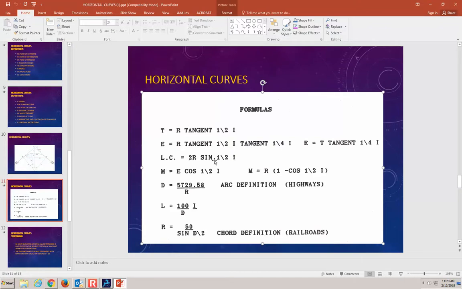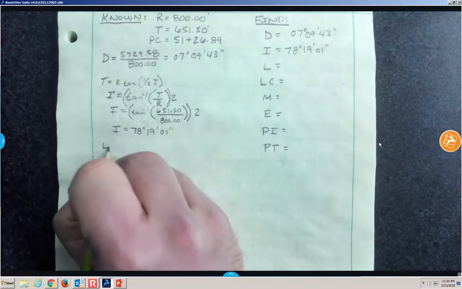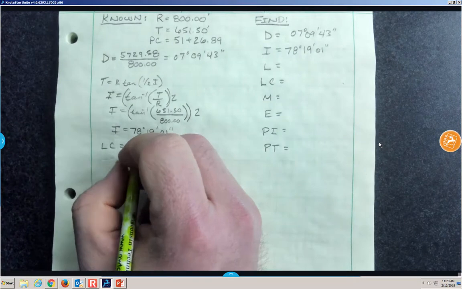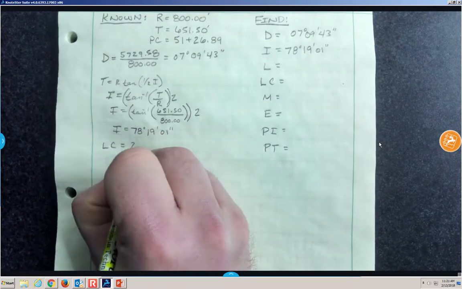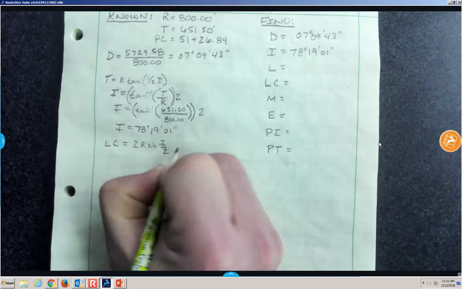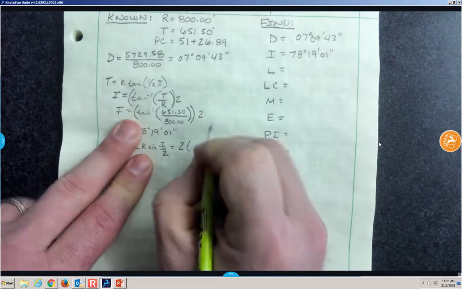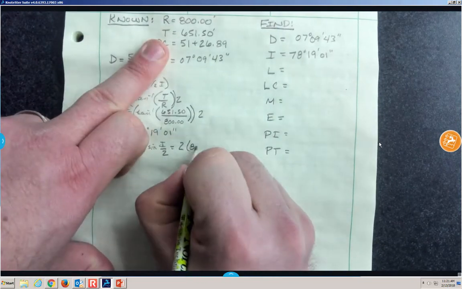Yep, we can do this one right here. So let's solve for LC. LC equals 2R sine of I divided by 2. What's R? It's 800.